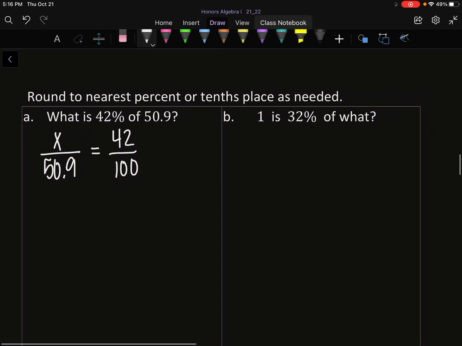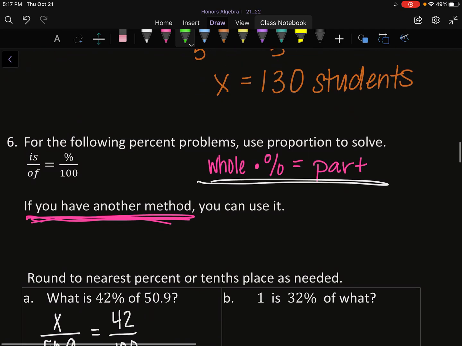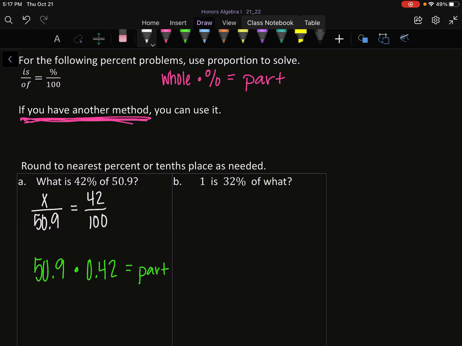What is the whole? Well, the whole is 50.9 times the percent as a decimal, 0.42, is going to equal our part. So if I were to rewrite this equation, I could write this as of times percent equals is. Kind of makes some sense.